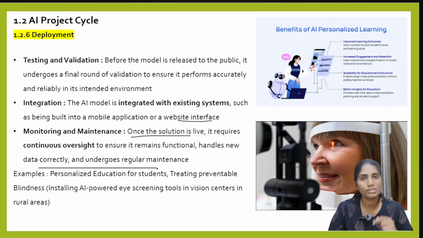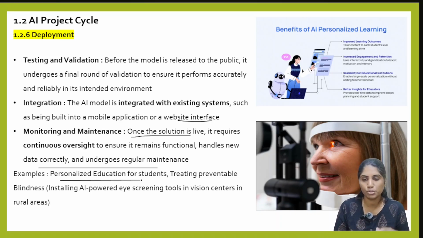I want to discuss two more examples so that you will be able to remember when this is required. One type of AI model is called personalized education. As students, we have different likes towards different subjects, different abilities and different skill sets. So how can one classroom be enough for all the students?